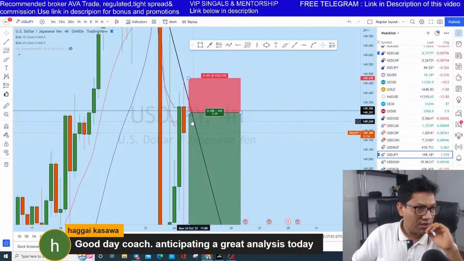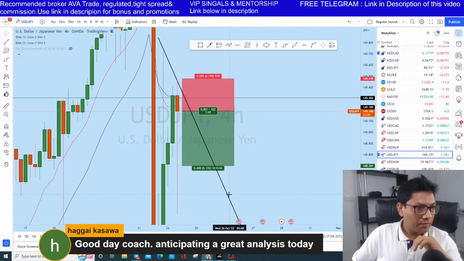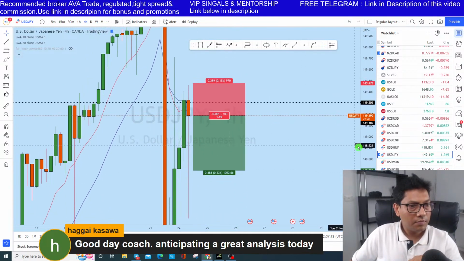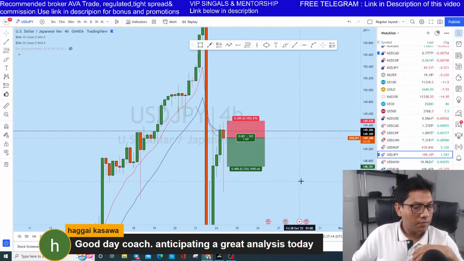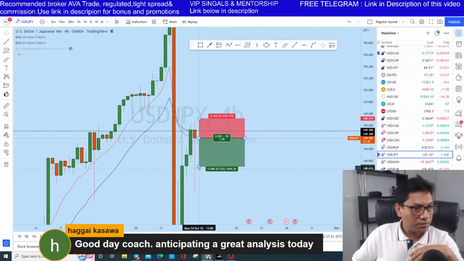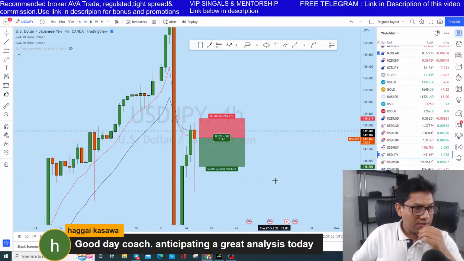If we see this price action from here, let's say, okay, so this is our EAR strategy. I see some movement is likely to happen on this instrument, guys.